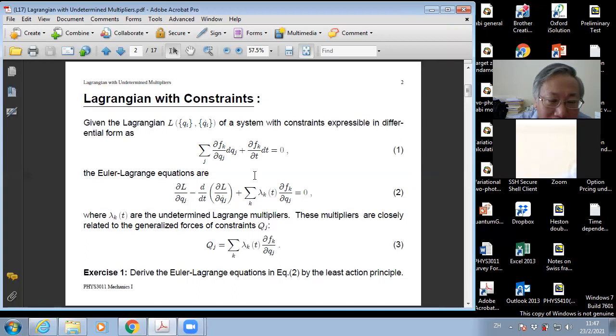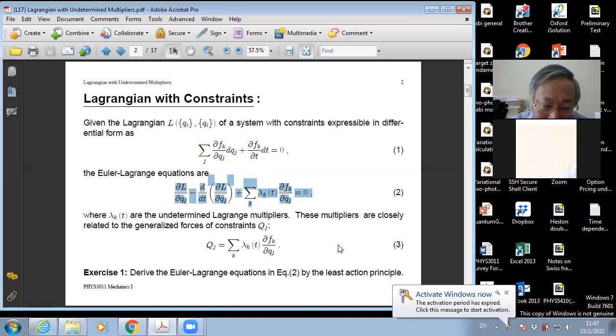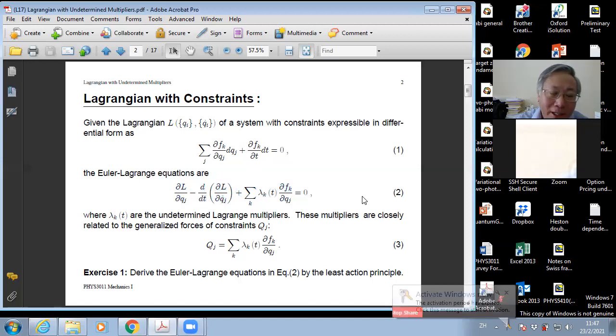Now, given this constraint differential form, the Euler-Lagrange equations can be modified to include these constraint conditions, to give a modified version of the Euler-Lagrange equations, as shown in equation 2.